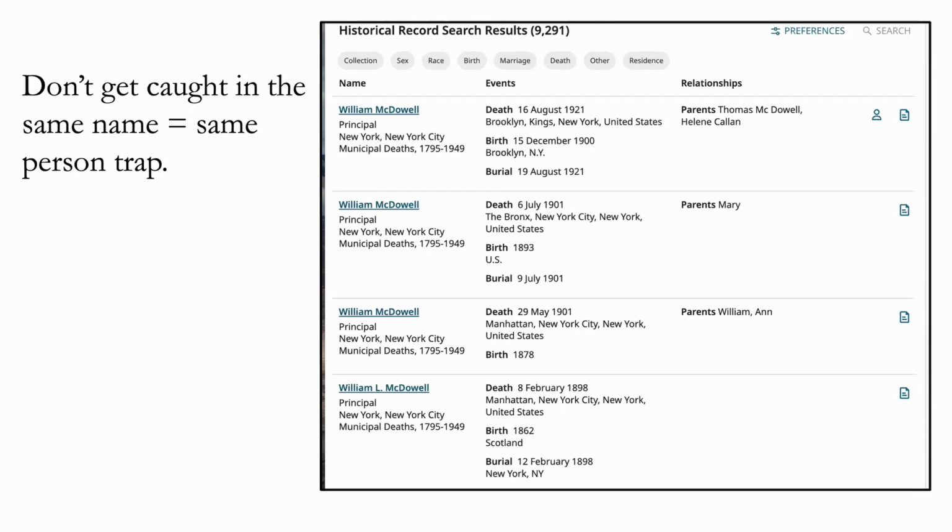So as we go through here, the question is, how many of these are actually the same person? Are there some in there that are not the right ones, where the dates are wrong, or is it more than one person with the same name that have been merged?